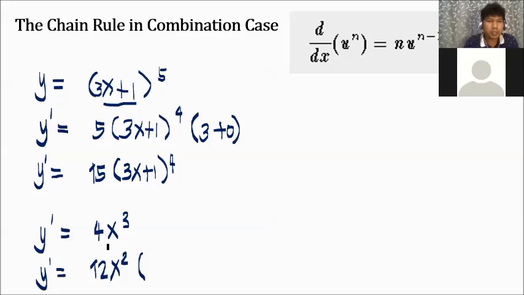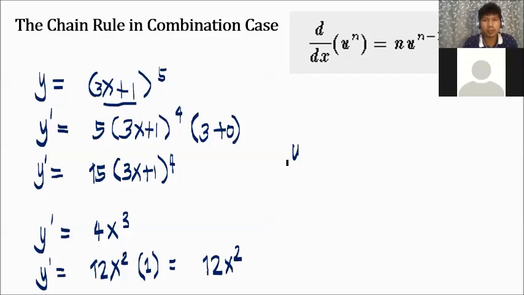Then we just get the derivative of x, which is only 1. So it is only equal to 12x squared. Therefore, it also follows the chain rule, but the derivative of x is just 1. So we don't write it at all in a normal situation. Okay? Let us have another example.